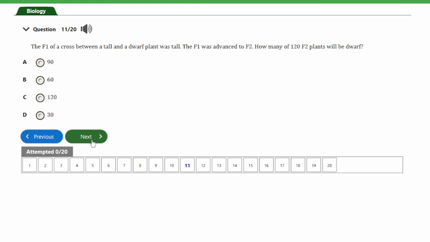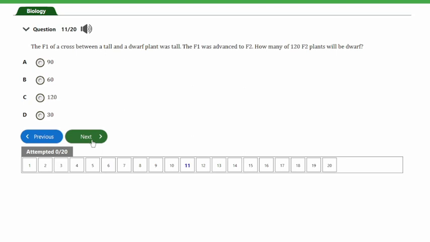We said that the cross was between a tall and a dwarf plant, and then in this cross the F1 generation was actually tall, and then these tall plants were now advanced to the F2 generation, that is, they were crossed again. And then the question now says, how many out of 120 of this F2 generation will be dwarf?